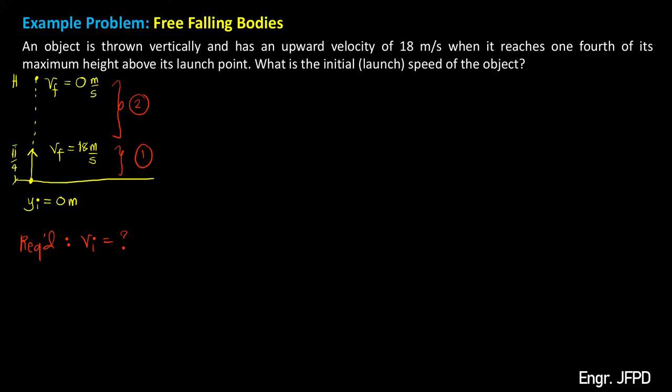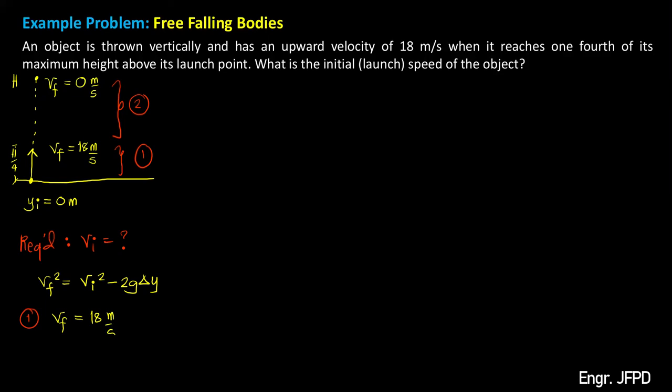Let's use the formula Vf squared is equal to Vi squared minus 2g delta y, using the first part of the motion. Take note that our initial velocity here is vi, that is the unknown, and the final velocity here is equal to 18 meters per second.